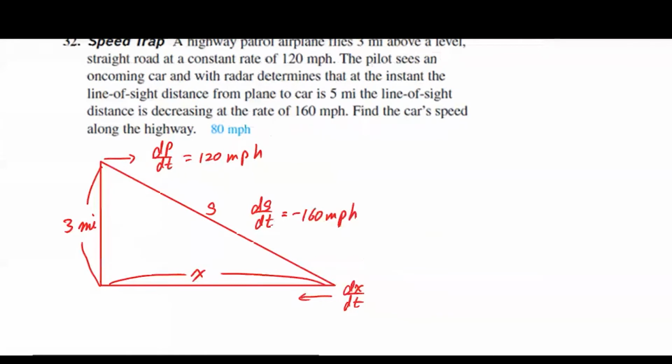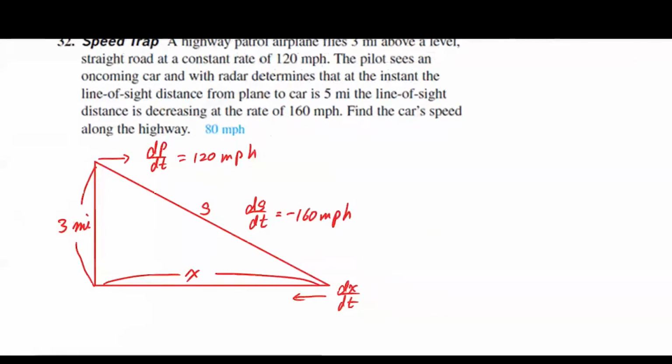So the relationship between these variables happens to be x squared plus 3 squared is equal to s squared. Pythagorean theorem, too much geometry? Y'all with me? Differentiate, so we have 2x dx dt, and 3 squared dies, is equal to 2s ds dt.